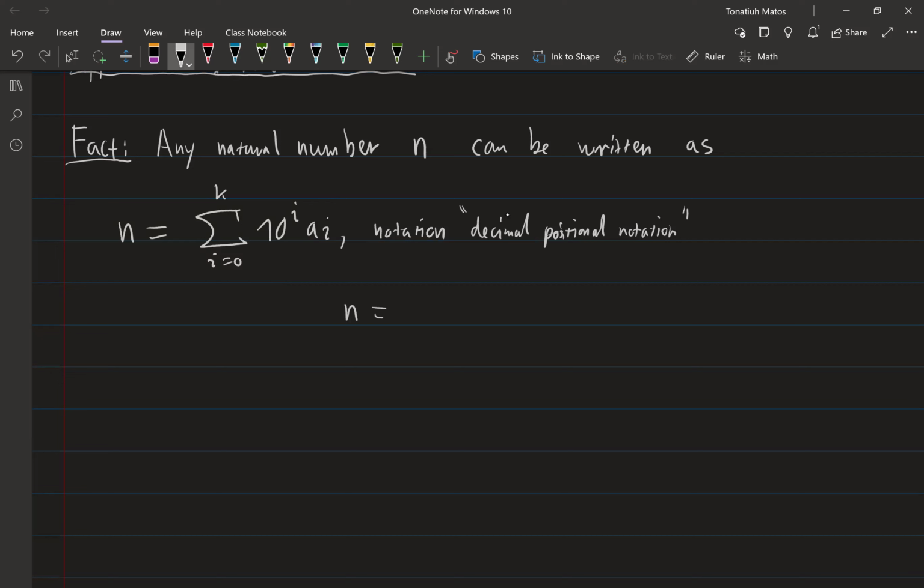So what you typically do is you say n is a_(k-1) all the way up to a1 and a0. Right, so let me give you an example, and you'll see that this is something that I'm very sure you haven't used for the first time.